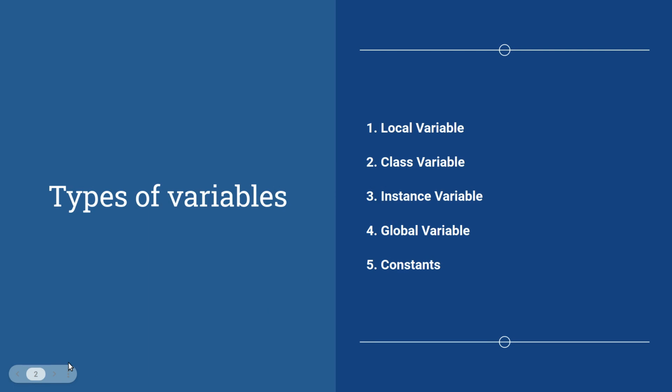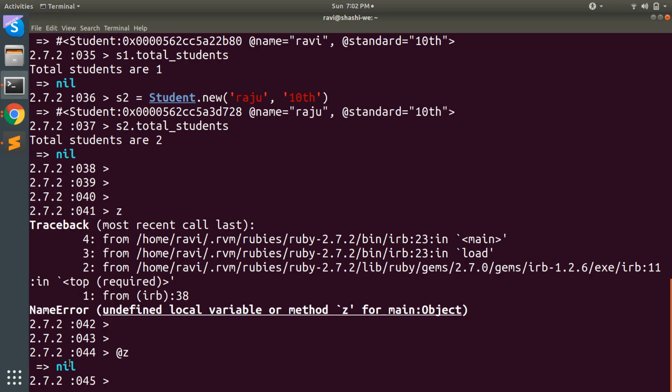global variables. A global variable is a variable that starts with a dollar sign. For example, you should define this dollar sign here, dollar default country.